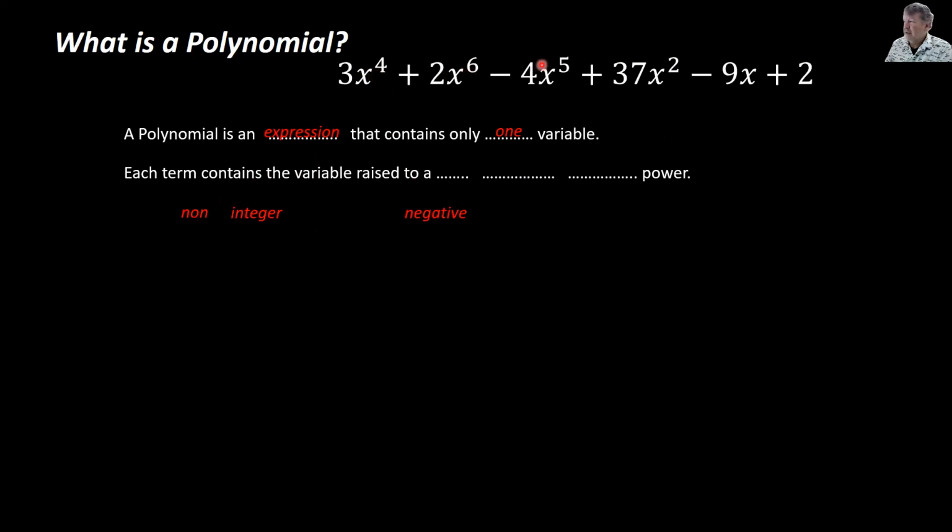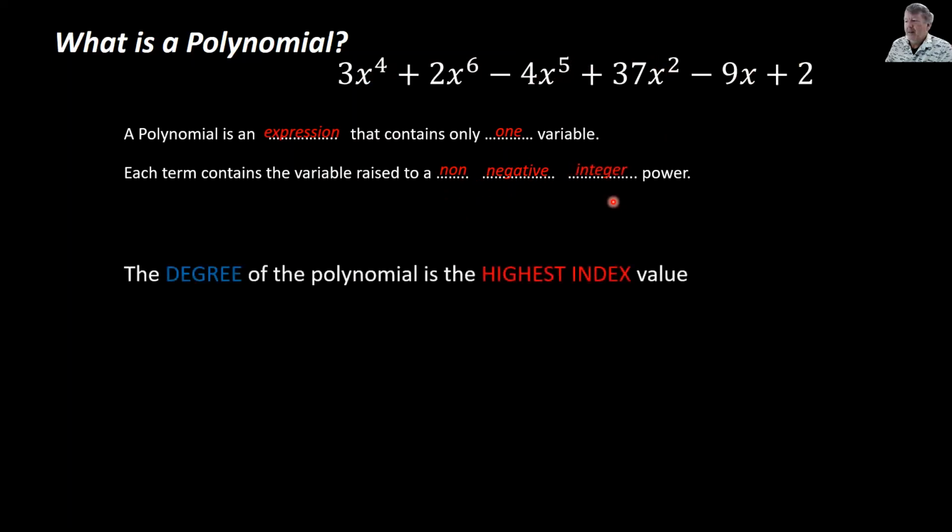That's positive, positive, positive integer. Positive index, positive, and 0 is definitely non-negative, isn't it? So that is a non-negative integer. So they're the things you're looking for.